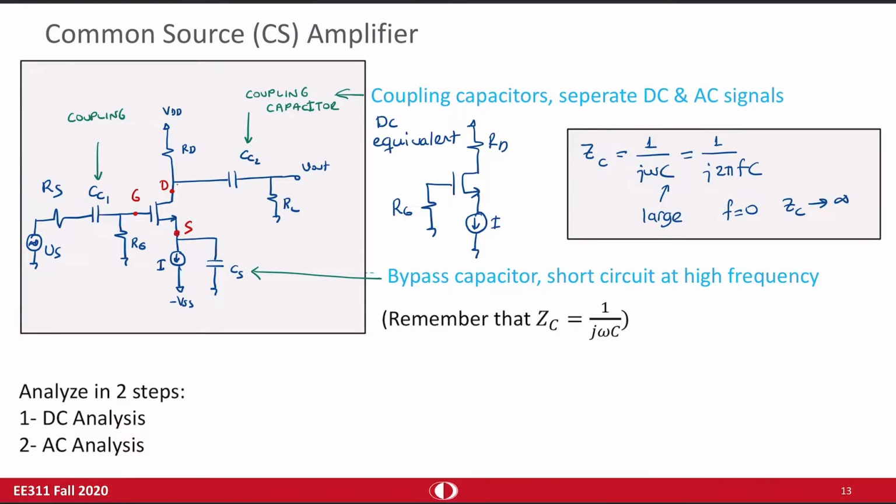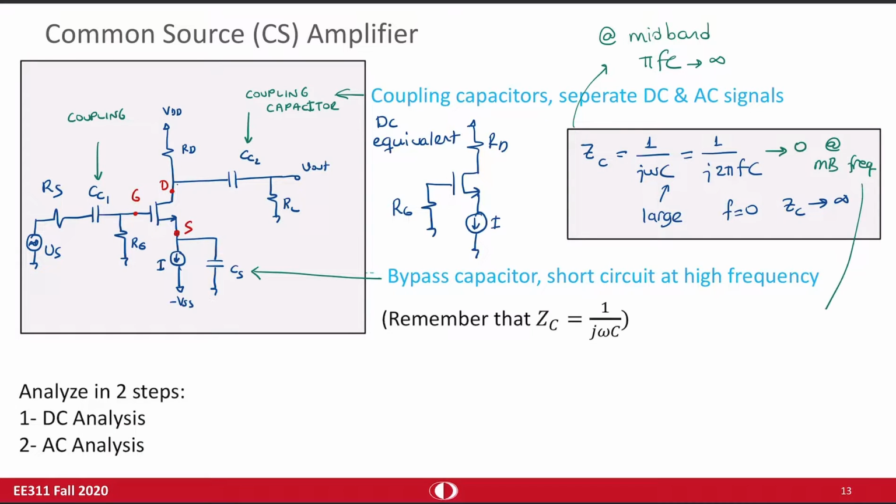But when you operate at the frequencies of interest, the mid-band frequencies, the 2 pi fC term goes to infinity because you choose C as large as possible. f is the mid-band frequency. Because of that, ZC goes to 0 at mid-band frequencies. So in AC, they behave like short circuits.